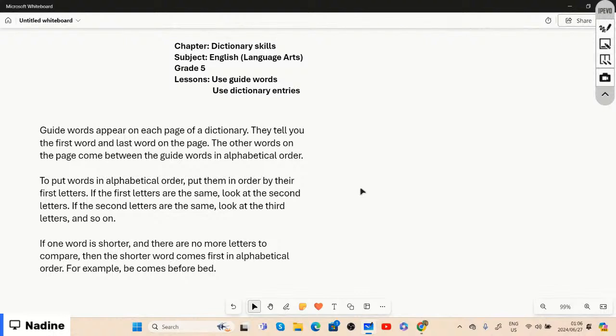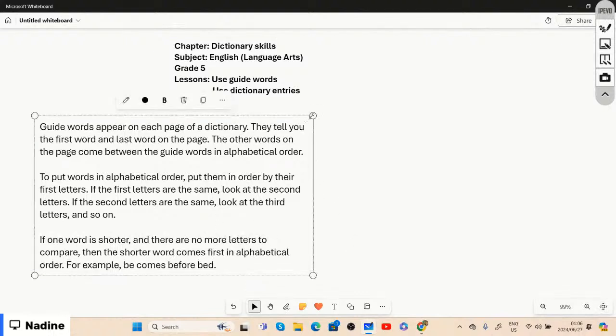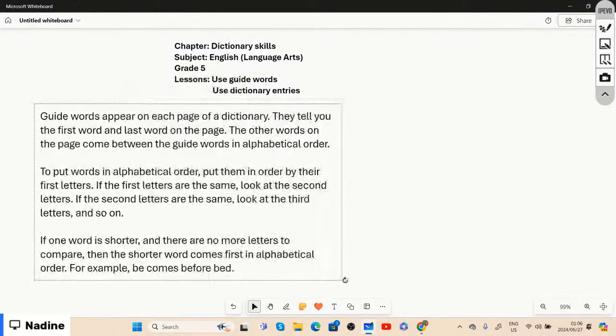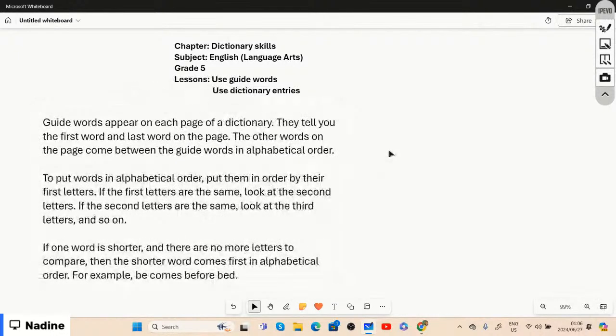All right. So when it comes to dictionary skills, remember, a dictionary is a book with different words and their meanings.